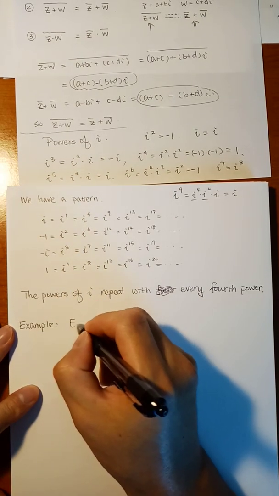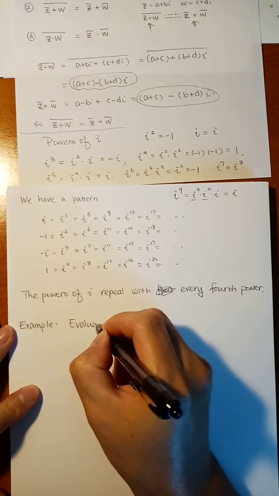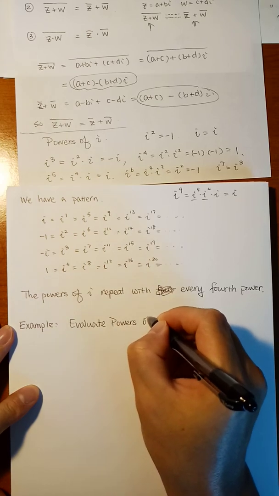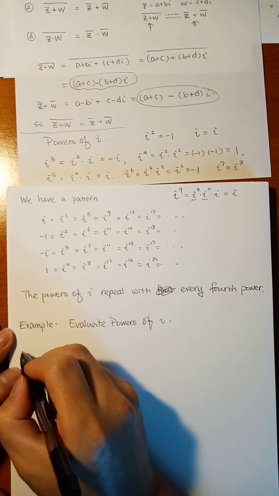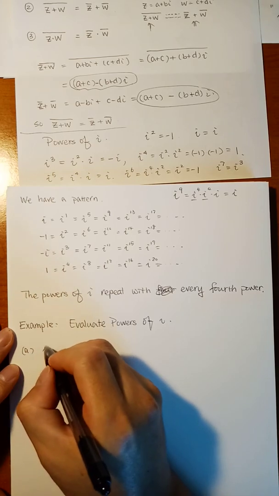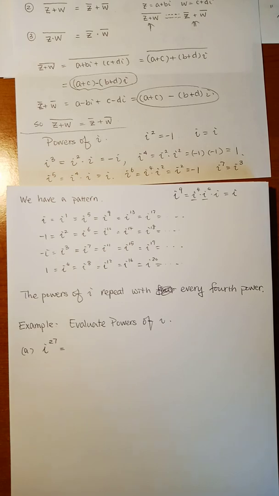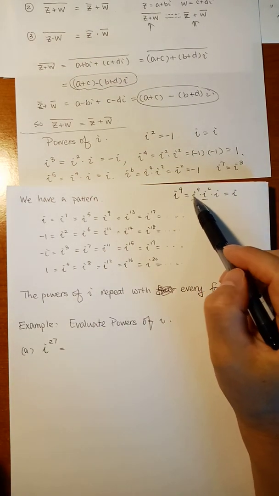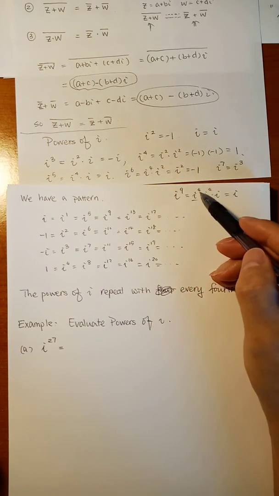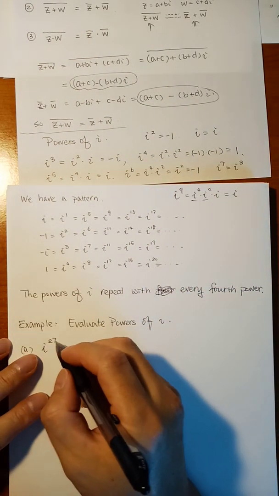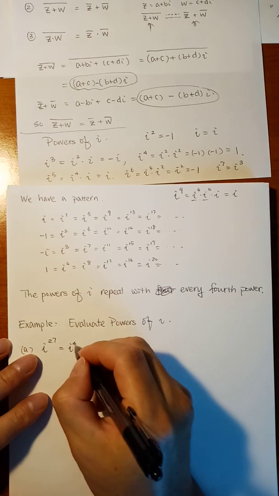So for example, evaluate powers of i. For example, i to 27. Well, remember how we get i to 9. We just separate i to 4, i to 4, i to 1. For i to 27, you also have i to 4, i to 4, i to 4.